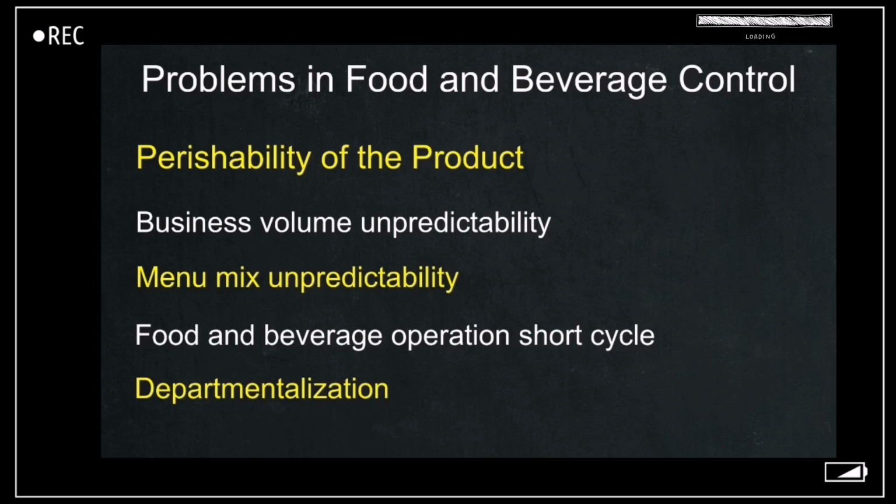Next is food and beverage operation short cycle. The speed at which food service operations take place allows little time for many control tasks. So, ang daming control, no? Starting from purchasing up to storage, issuing these stocks to the kitchen, no?